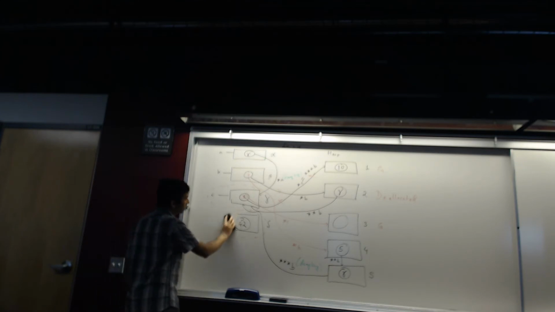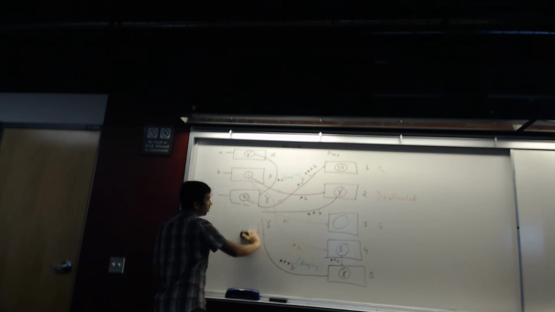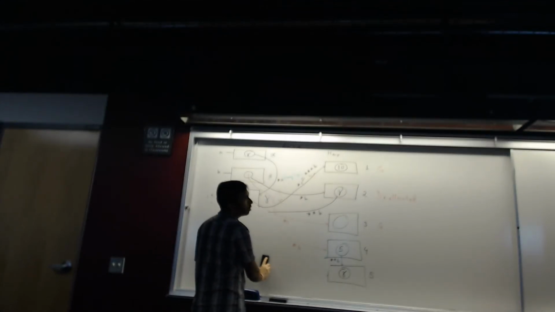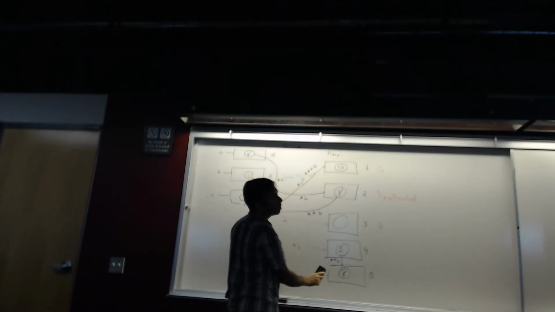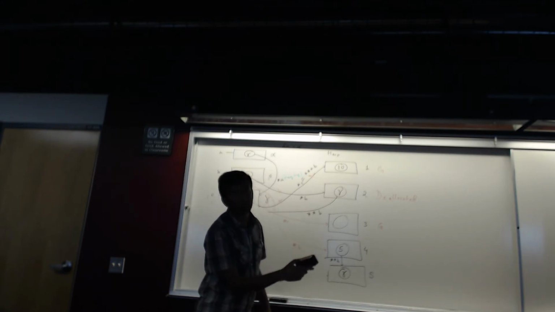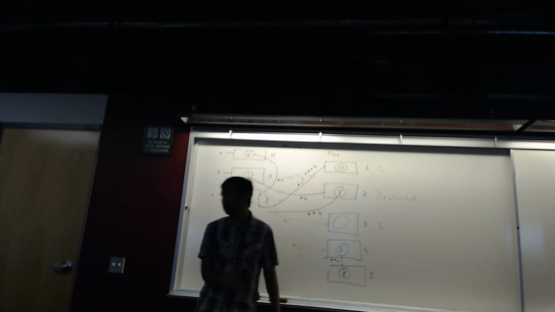Letter star means you can have 0 or more letters. I can't see very well. Yes, that's letter star. I can make it bigger. Is it better now? Yes. So, A44.